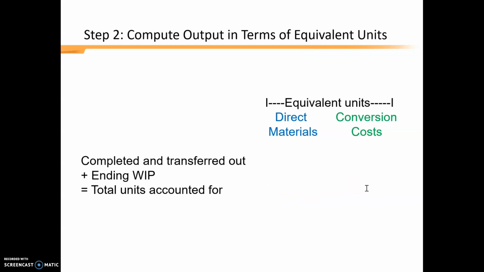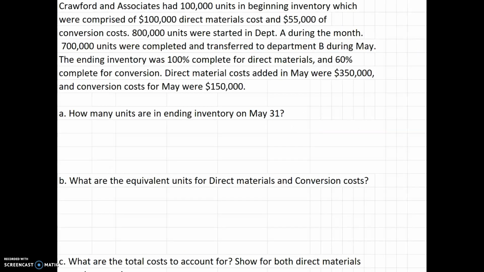So I want to take a look at an example to demonstrate these 5 steps for process costing. So let's pull that up. All right, so here's our example. Crawford & Associates had 100,000 units in beginning inventory. That's our beginning work in process inventory.